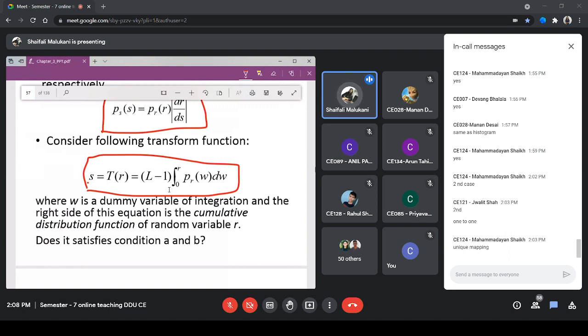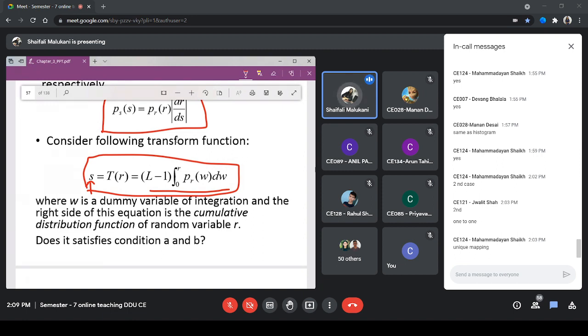You can use this function to obtain the value of S. Now you may say, okay, how will we trust that this will give me histogram equalization? How to trust?